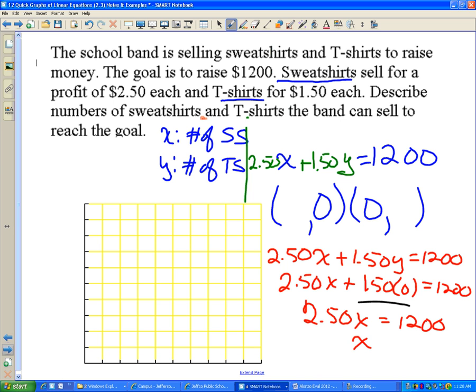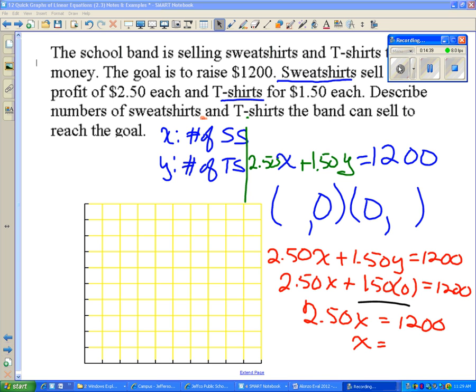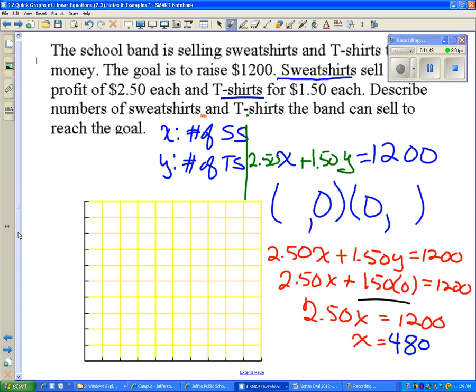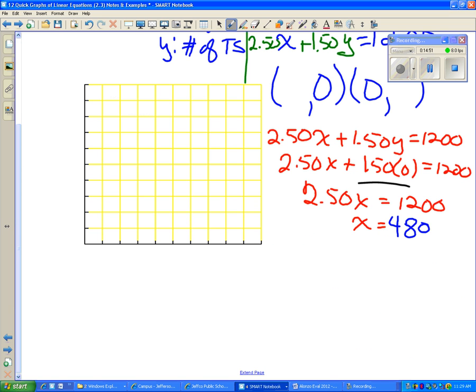Divide both sides by $2.50, and I have 480. This tells me that if I sell 480 sweatshirts and 0 t-shirts, I'll make my $1,200. That's what that's saying. (480, 0).